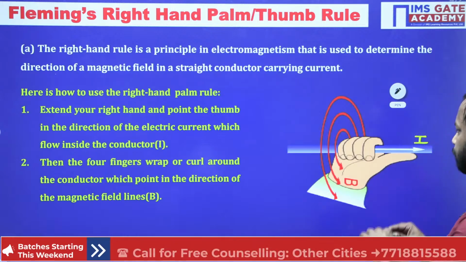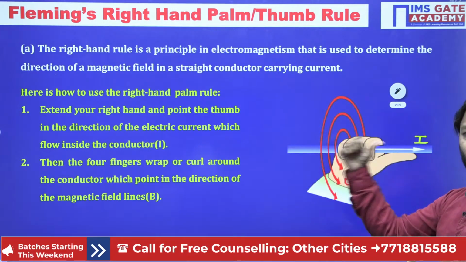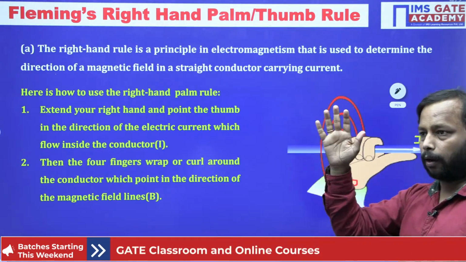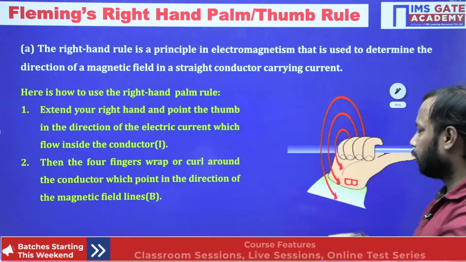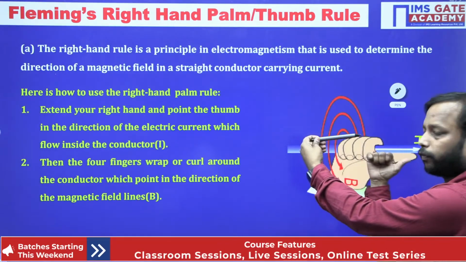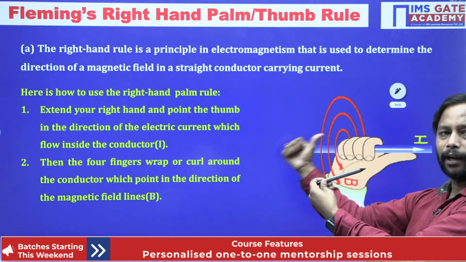So see here, this is the straight conductor and current is flowing from left to right. Put out your right hand along the conductor and point your thumb in the direction of current. So the thumb will indicate the direction of current.